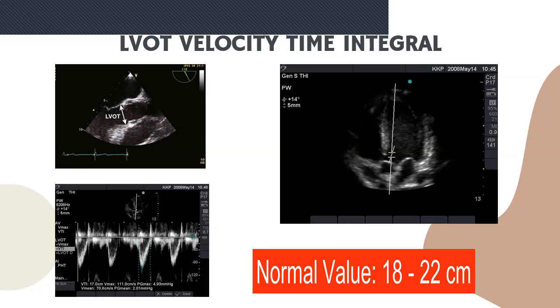So this shows your blood flow through the tube just now. What we do is, you need to measure this area. You trace the curve, and then the computer will tell you the value.